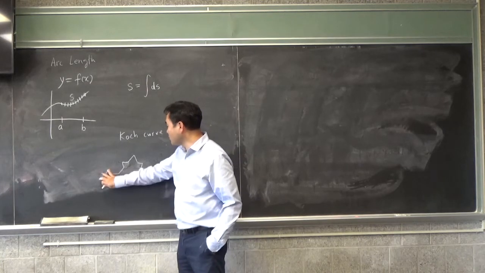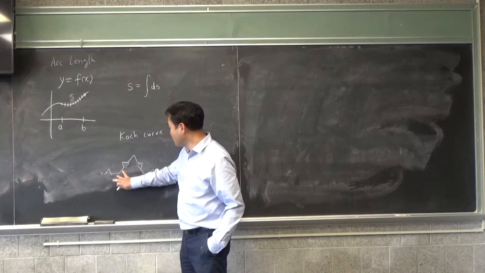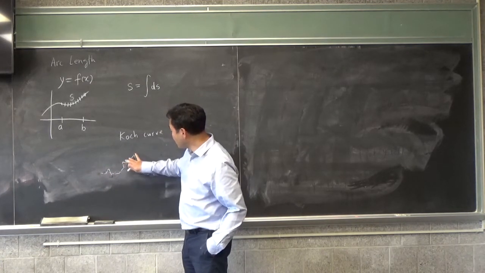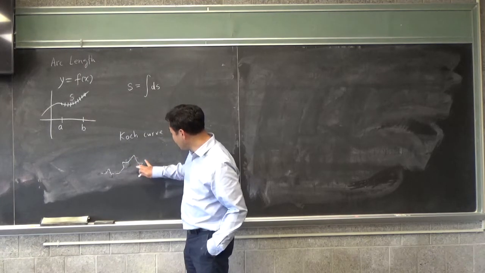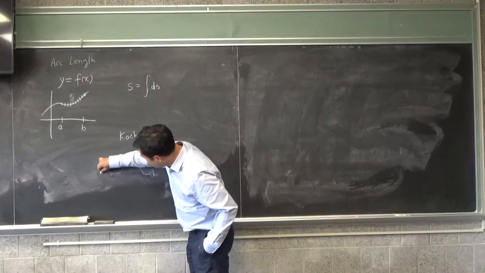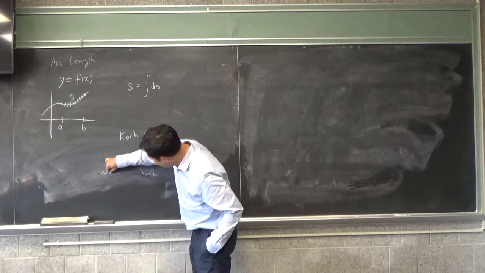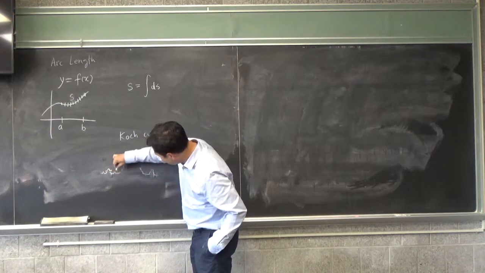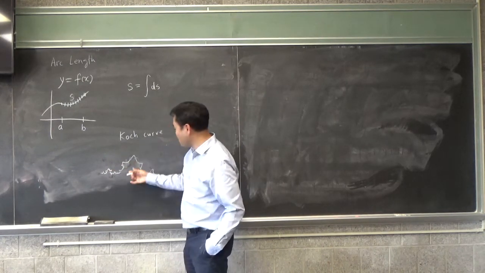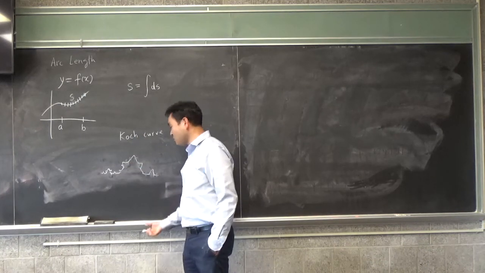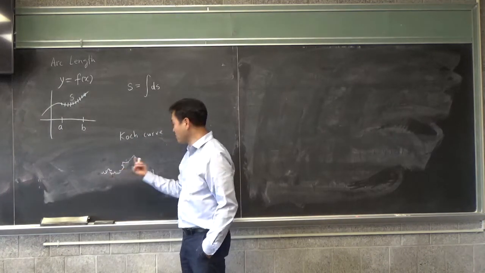Then for each of these small lines, you again delete a third and put the same shape. It looks like a part of a snowflake. If you put another one here, all around, you're going to get a snowflake.